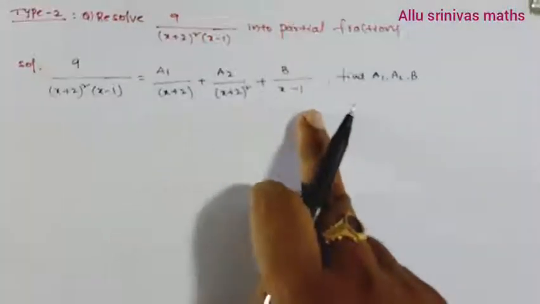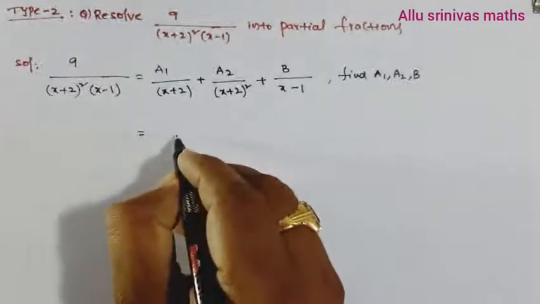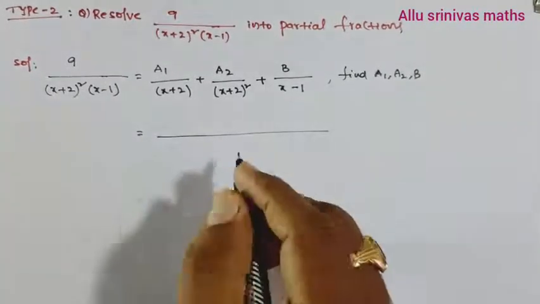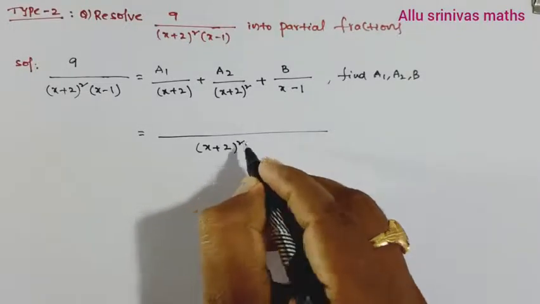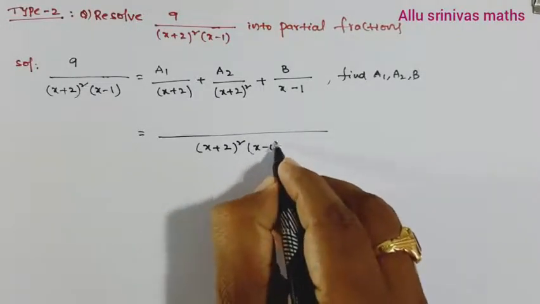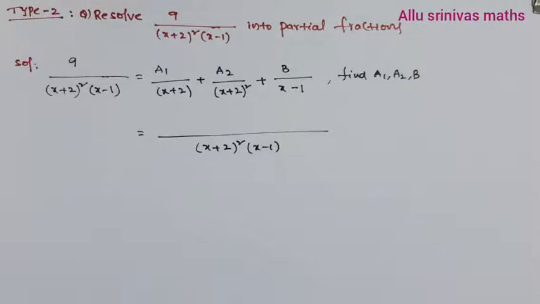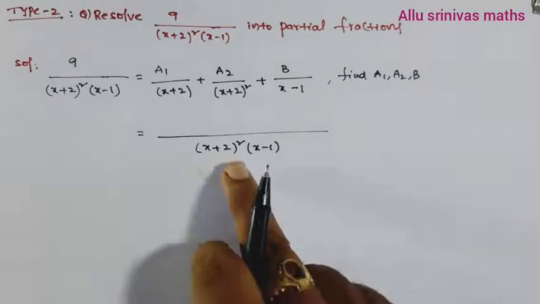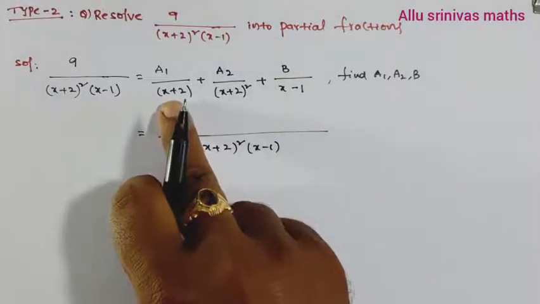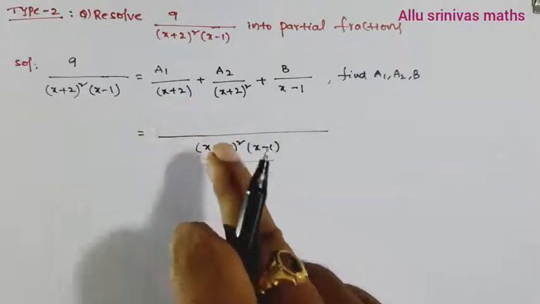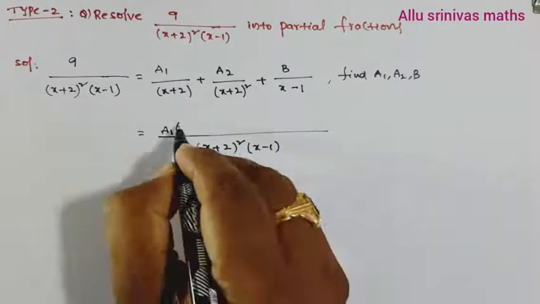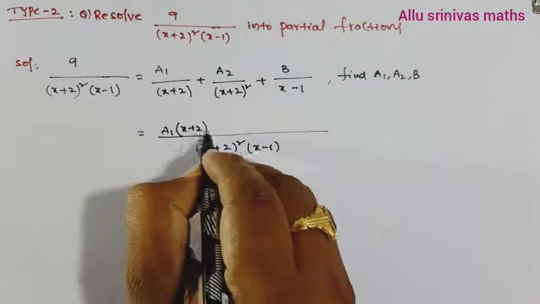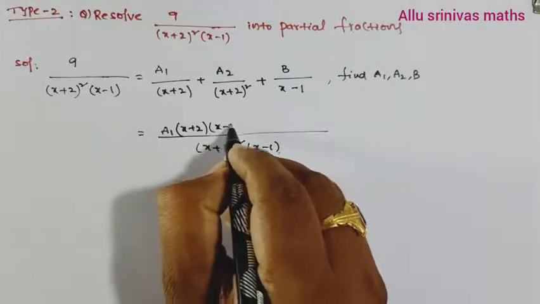So we take the LCM of the 3 fractions. The LCM is x plus 2 whole square and x minus 1. If this is divided by x plus 2, you get a1 times x plus 2 into x minus 1.